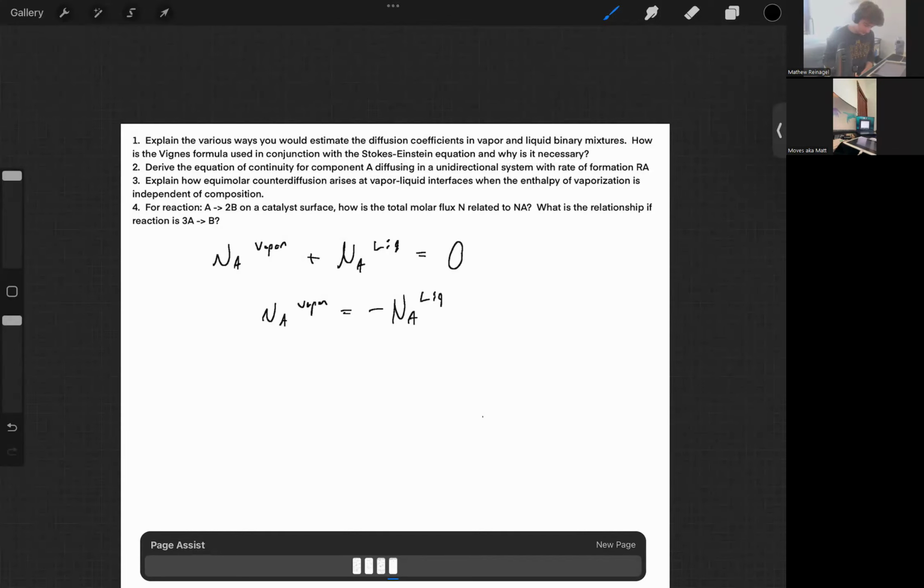And so the enthalpy of vaporization, if I were to apply it in this case, so let's say N_A of vapor times the enthalpy of vaporization equals the negative molar flux of the liquid times the heat of vaporization.